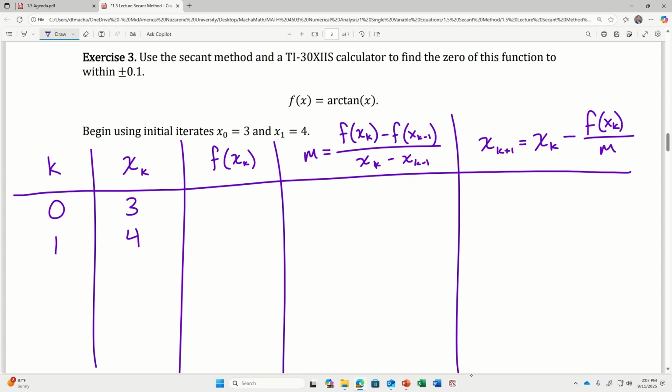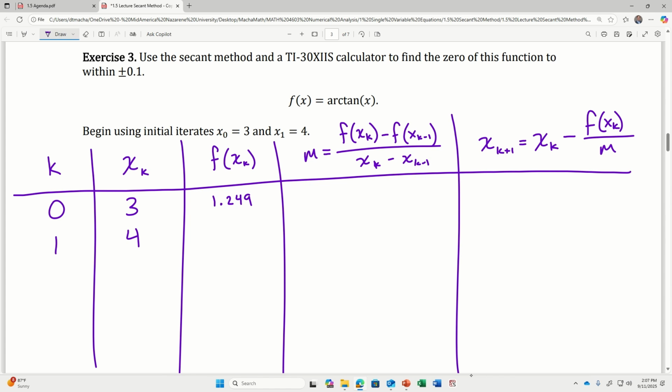1.25. Let's round to 4 sig figs. 1.24905. Okay, so there's 4 sig figs. That'll be good enough, I think.